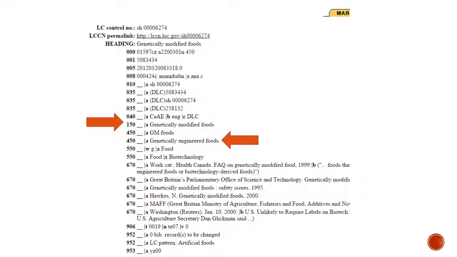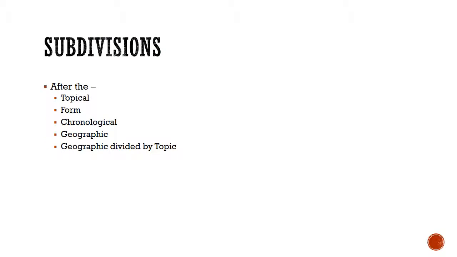But the two 550s are headings that could be used either with or alternatively to genetically modified foods. So you noticed in that big list of genetically modified foods, I hope, that there were a bunch of things listed with a dash dash after genetically modified foods.